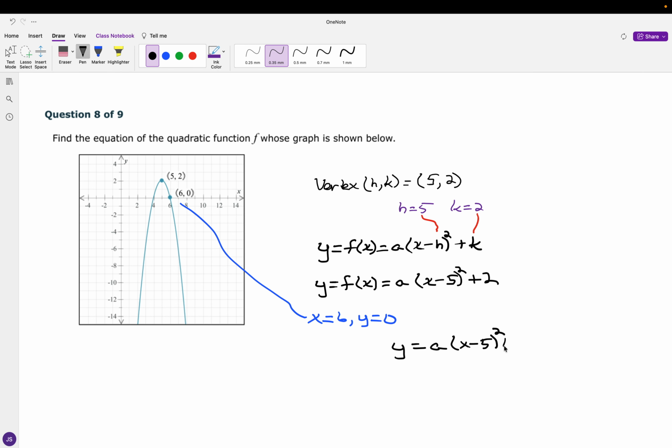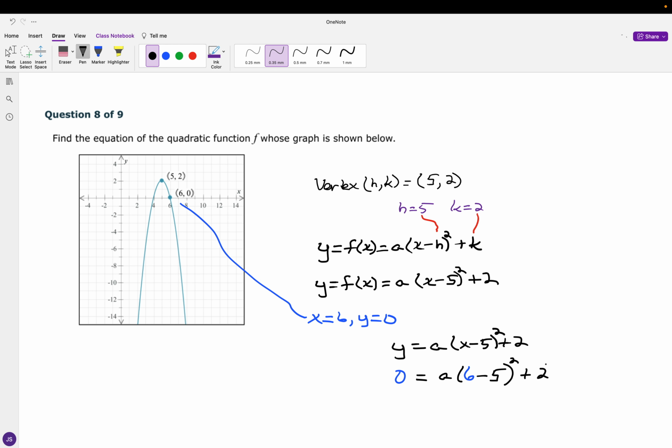If I substitute 6 for x and 0 for y, in the rewrite we have 0 is equal to a times the quantity 6 minus 5 squared plus 2.